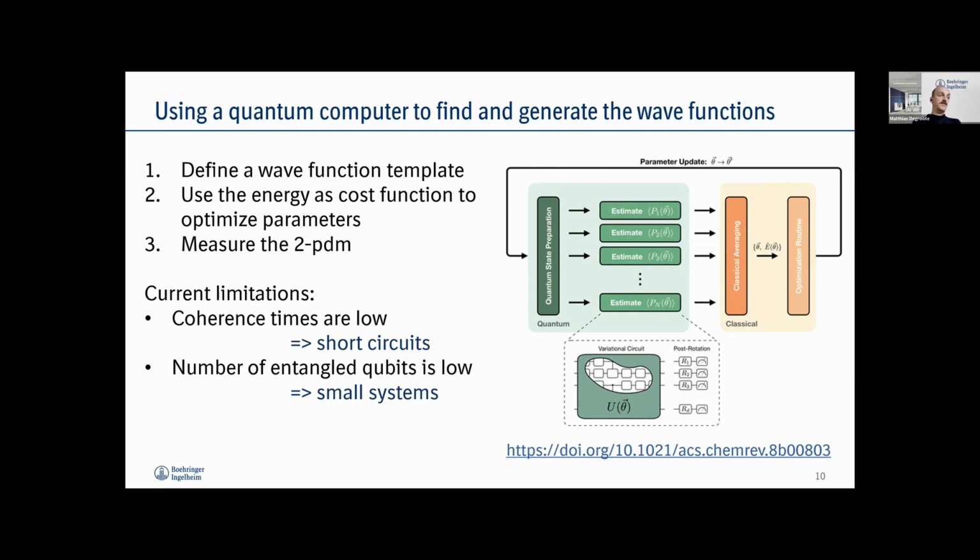And then, of course, the second shortcoming of current quantum computers is that you have very few qubits that you can do something useful with, and this means that only very small systems will be treated, and that's a bit of a problem in pharma, and that really means that the things we show are model systems.